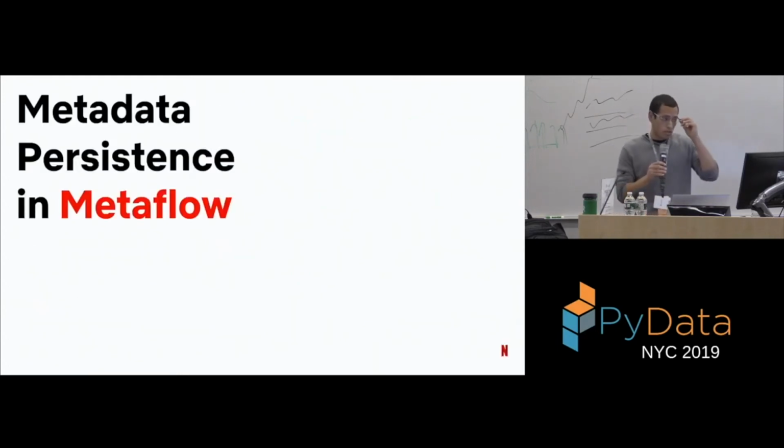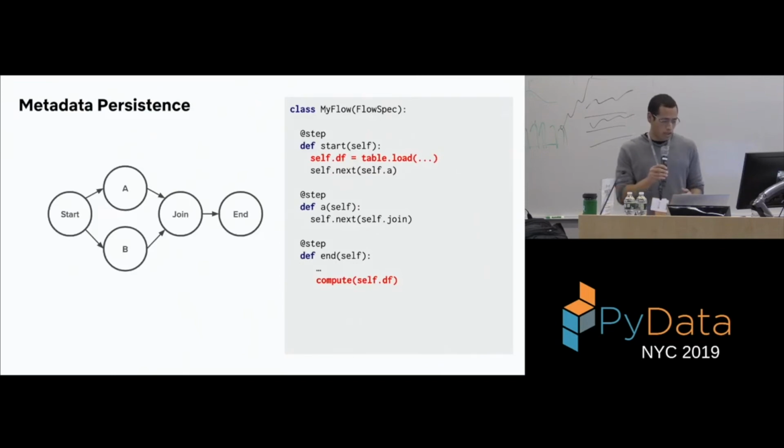Metadata persistence. Metaflow does provide some metadata persistence baked in. It automatically persists and versions all instance variables as what we call artifacts. So in this example, we have self.df, and you could just think of that as a pandas data frame or something like that.